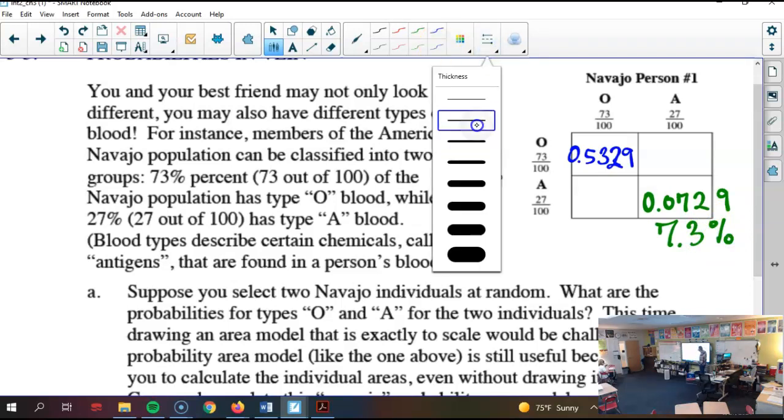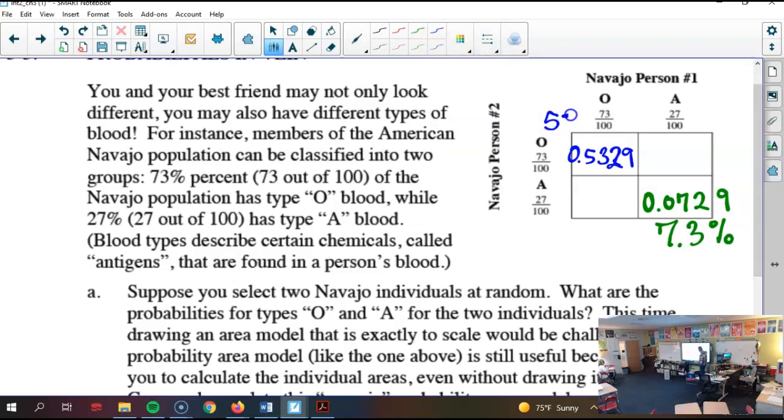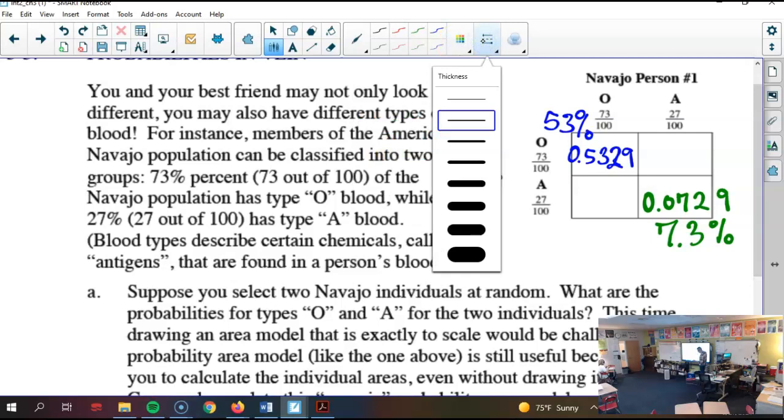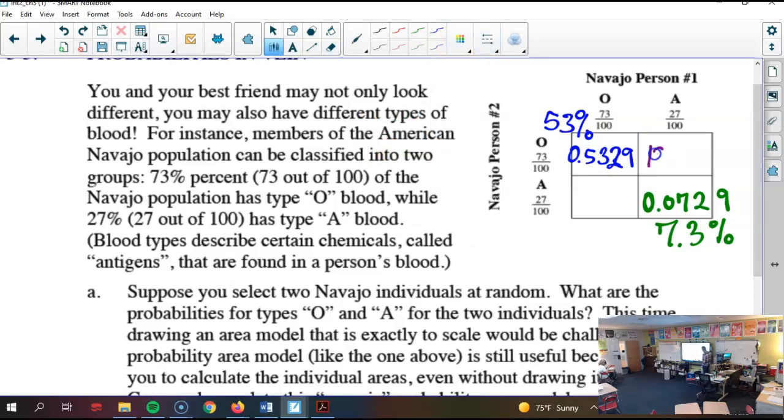Let's lean into this and do percentages. This is going to be like 20%. It's 19.71%. We'll go ahead and give it the 10th spot.